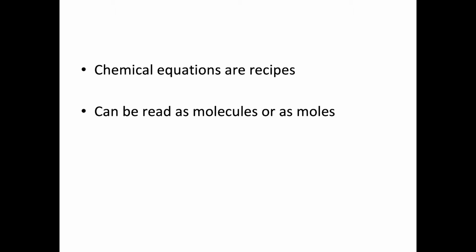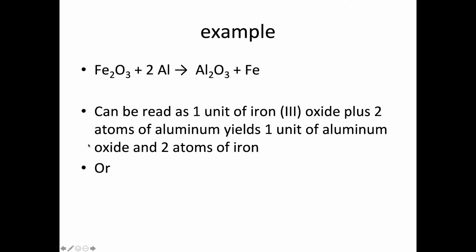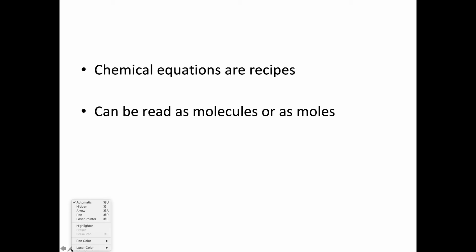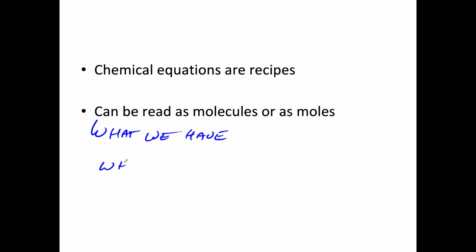So when we have a chemical equation, we're saying what we have and what we're going to make. And what we mean is that this could be read as molecules and moles.